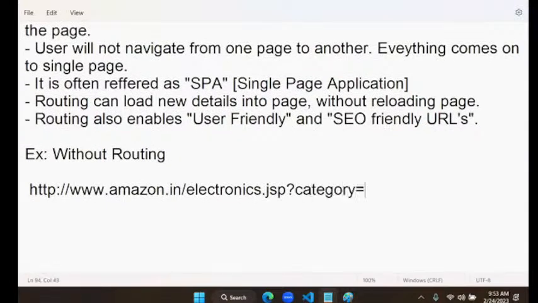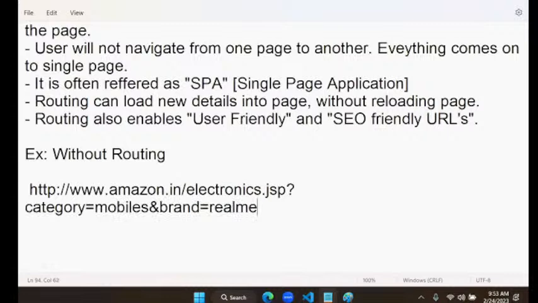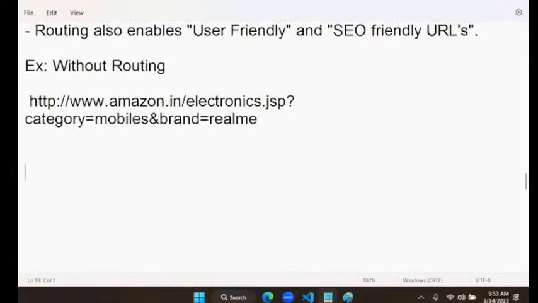Category is mobiles. In this mobiles category, ampersand brand. So brand is equal to some Realme like this. Now I need to add details like this. That means this is how the URL will be. Now, if I want these Realme mobiles again, then I need to type this entire URL. But it is difficult to remember such lengthy URLs.